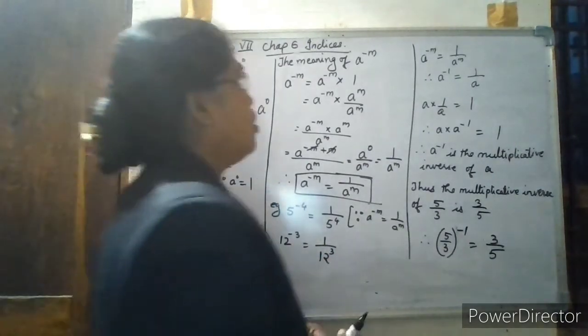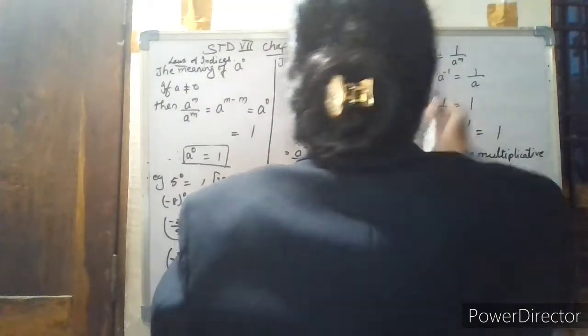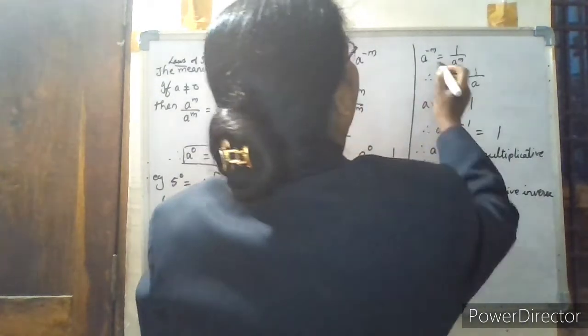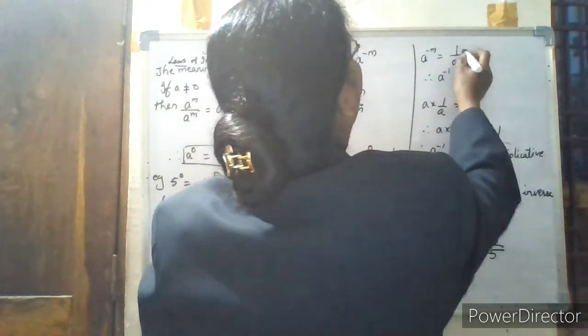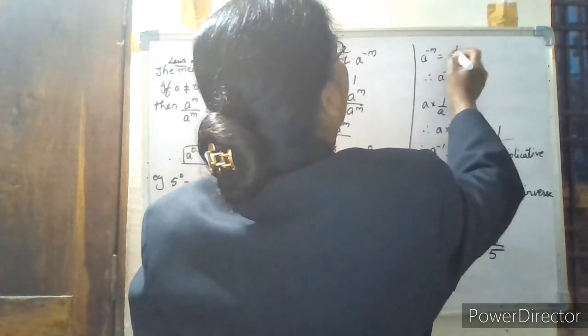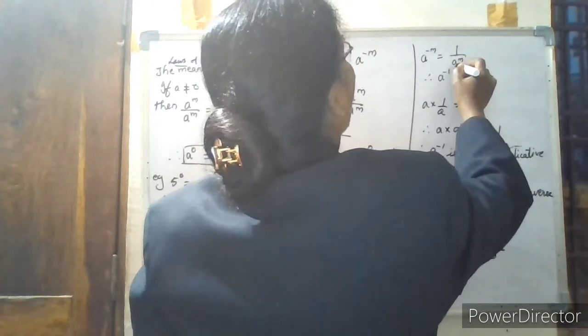Now, come to the next law. See here. a raised to minus m is equal to 1 by a raised to m.